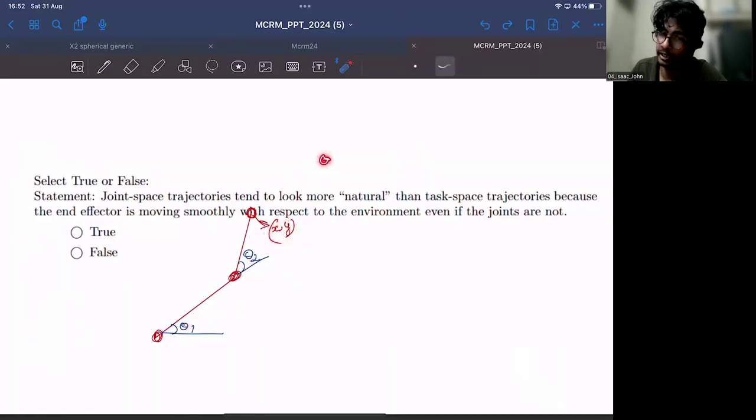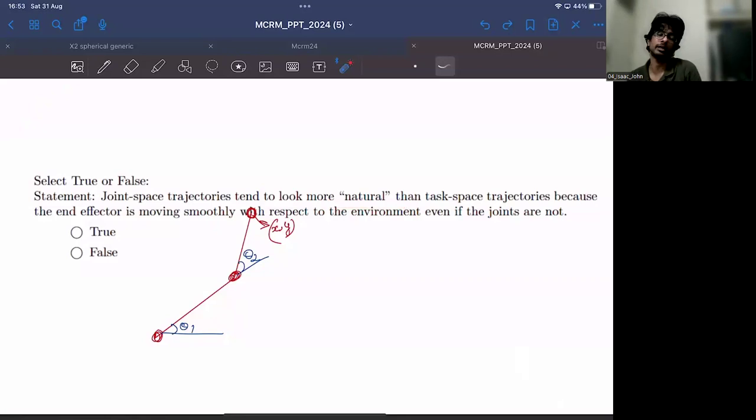And for the final position, you can again use inverse kinematics to find θ1 and θ2 final. Then you can plan a trajectory from θ1 initial to θ1 final, θ2 initial to θ2 final. But it actually says which is more natural or which is more intuitive.